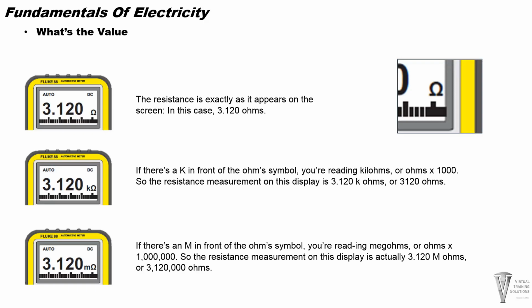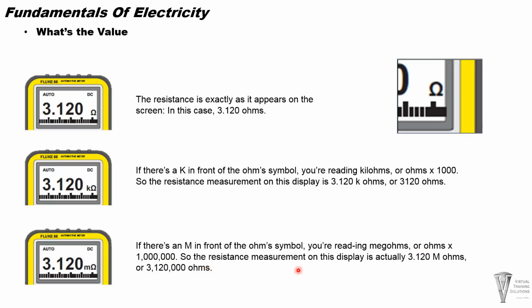If there's no letter in front of the ohms, you're reading ohms times 1. So when you look at the ohm reading and you see the K and the M, the regular ohm reading is approximately 0 to 1,000. The K would be 1,000 on up, close to millions, and then the M would indicate the mega ohms, which would be in the millions.